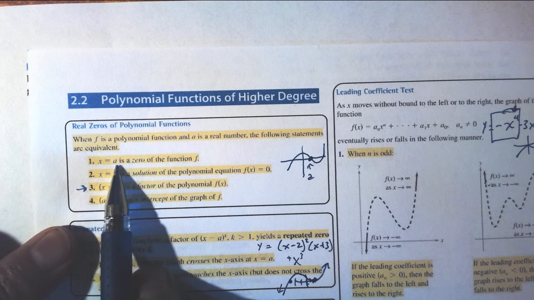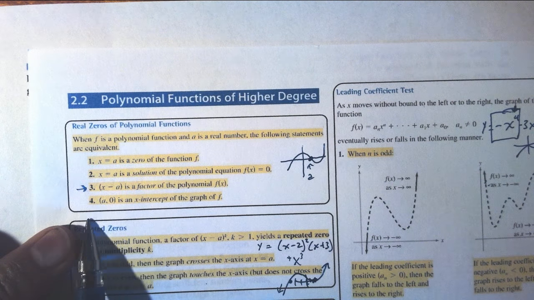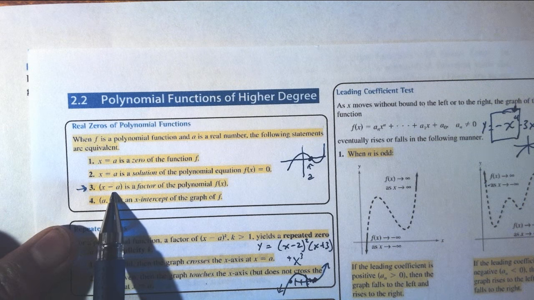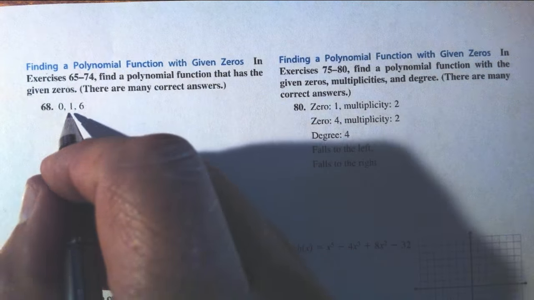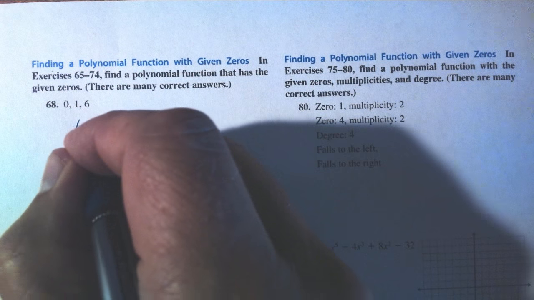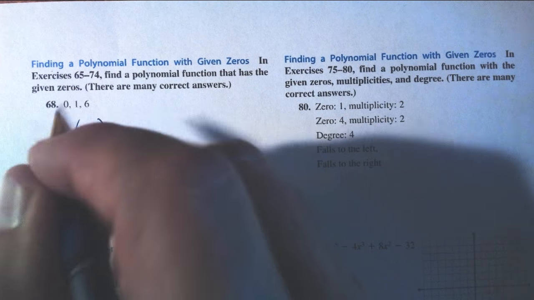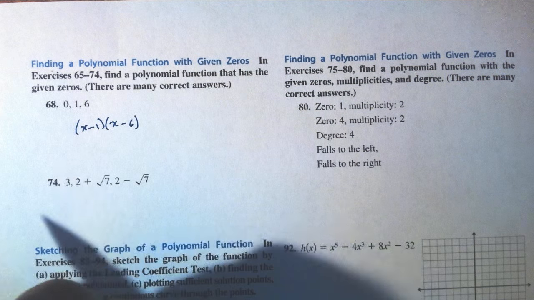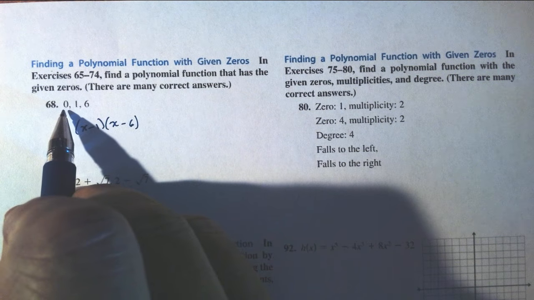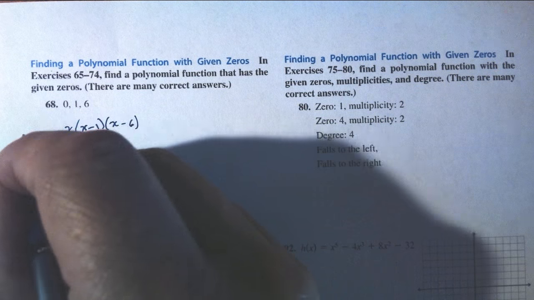If a is a 0, then x minus a is a factor. If 1 is a 0, x minus 1 is a factor. If 6 is a 0, x minus 6 is a factor. If 0 is a 0, x minus 0 is a factor.